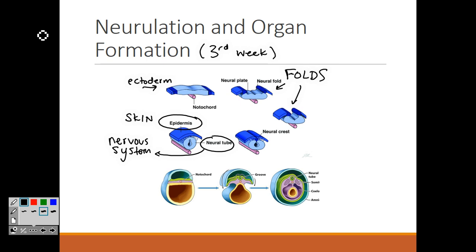It starts to get really hard to draw all of this infolding. What you're responsible for knowing is that neurulation is when the ectoderm folds to become both the skin and the beginning of the nervous system.